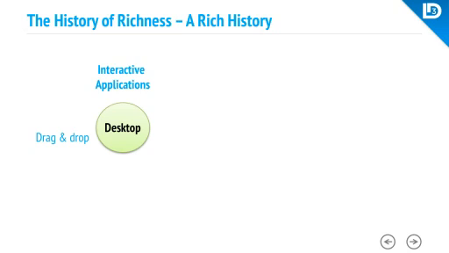You had, for example, things like drag and drop, where you could drag a file icon from one folder to another, and that would just copy that file. So it had interactive applications and features. Obviously, looking at this from today's perspective, it was really rudimentary back then.